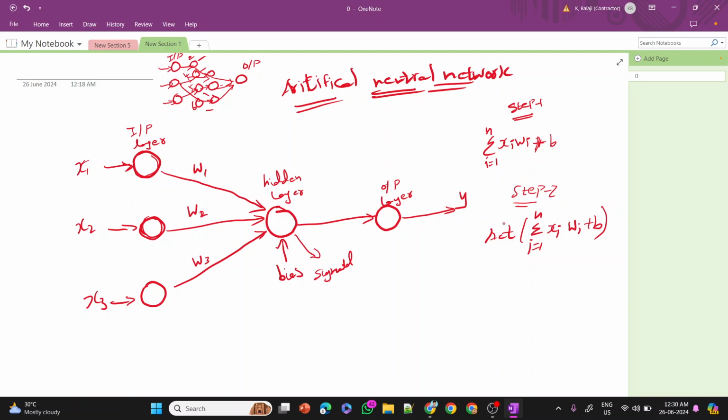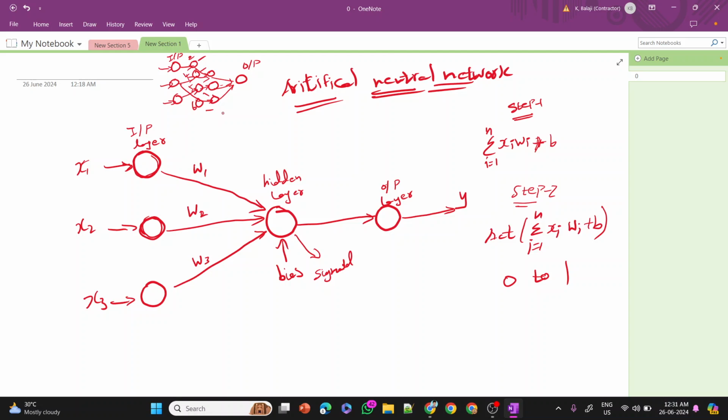The sigmoid activation function will give output from 0 to 1. If the neuron has a value of 0, then the information inside the neuron will not be considered, or we can say that neuron is not activated.